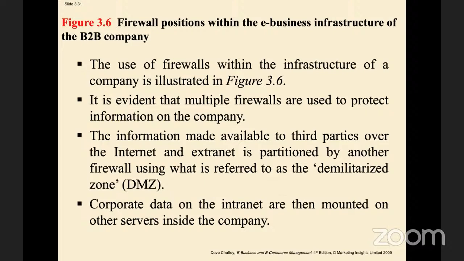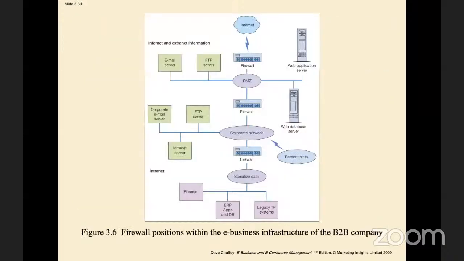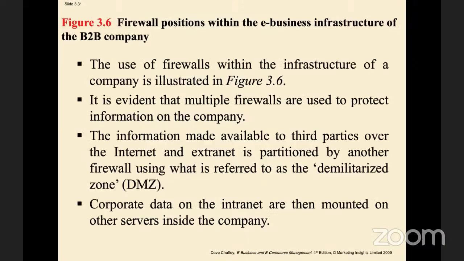Okay, now figure 3.6, firewall positions within the e-business infrastructure of the B2B company. Now that diagram we just saw, we can describe it in detail. The use of firewalls within the infrastructure of a company is illustrated in figure 3.6. It is evident that multiple firewalls are used to protect information on the company.